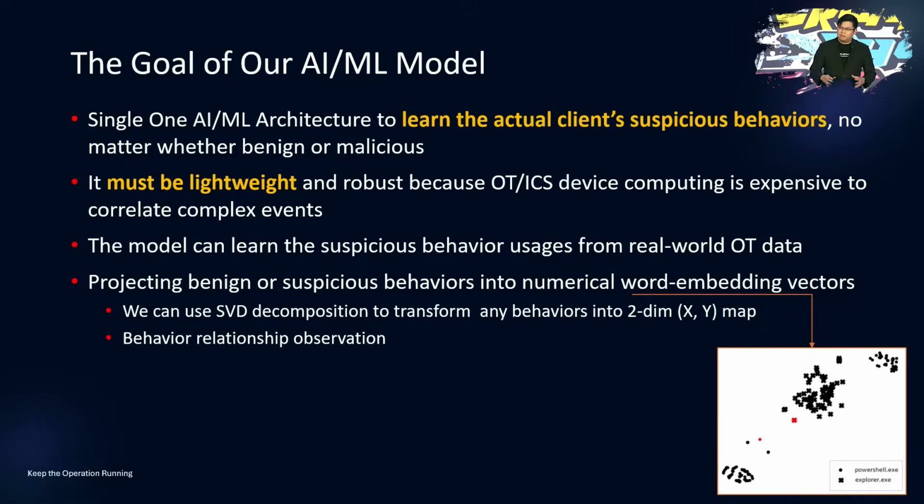So this is the key goal for our AI and machine learning model. We want a single AI model that can learn from real data, no matter whether it is suspicious, benign software or malicious, combined into one, and also mostly lightweight.